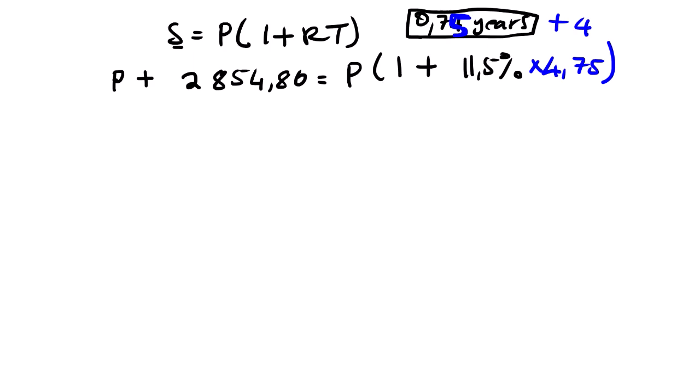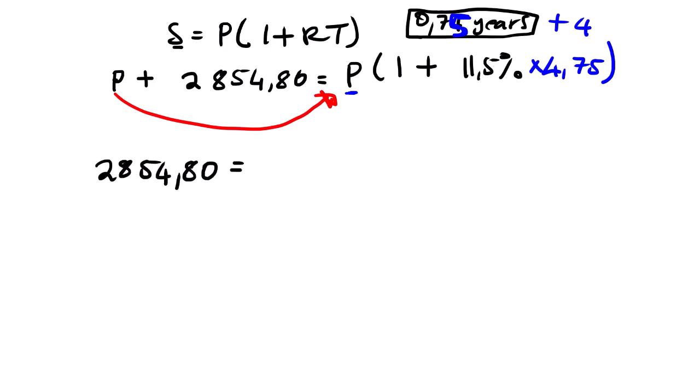So in this case, we have to solve for this P. Now what we can do is solve for the unknown variable by taking this P to join this one, since they are like terms. So on the left hand side, we have 2854.80, equals, and then we can punch this on the calculator.